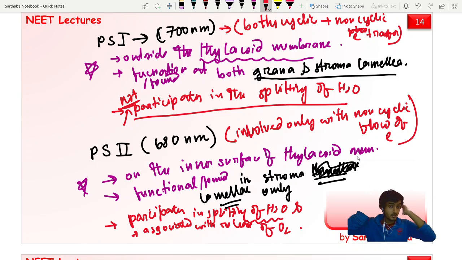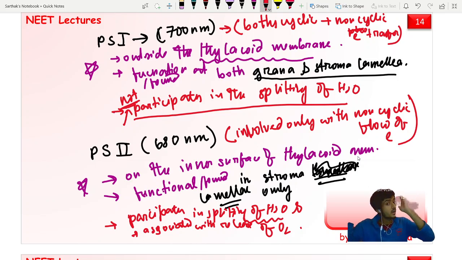I will be explaining everything I have told in this chart: what the cyclic process is, what the non-cyclic process of electron transfer is, and how the splitting of water and release of O2 happens, and in what type of photosynthesis, in the next video.